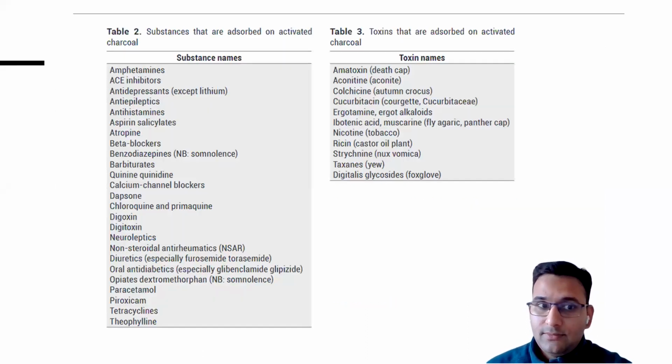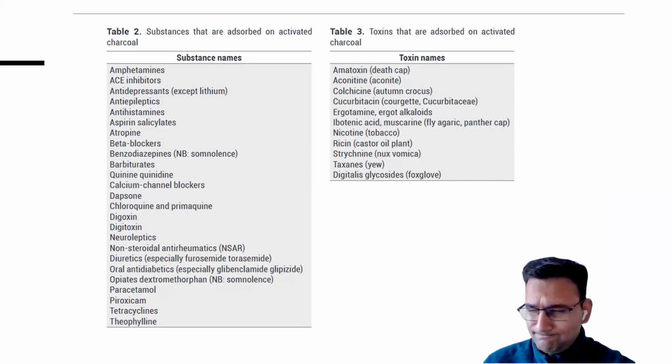There are basically multiple areas where it can be used, starting from amphetamines, ACE inhibitors, antidepressants, except lithium because it falls into the heavy metal category, anti-epileptics, antihistaminics, beta blockers, barbiturates, NSAIDs, diuretics, especially furosemide, antidiabetics, paracetamol to theophylline.